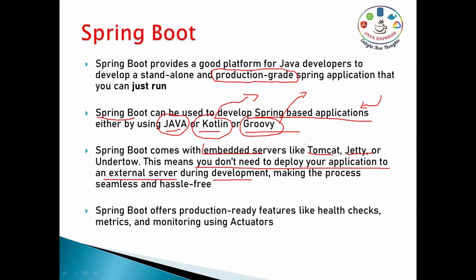Spring Boot offers production-ready features like health checks and metrics monitoring using actuators. Actuators are another important feature of Spring Boot. They provide production-ready features once you deploy your application into production. Suppose Flipkart is running. Till now, how many requests were made, how long ago your application started, what the JVM metrics are, how the JVM is behaving.